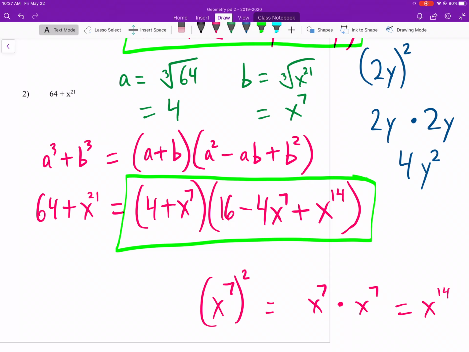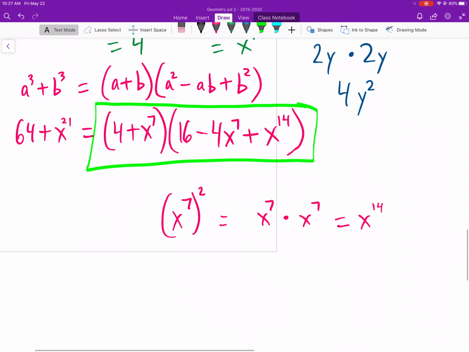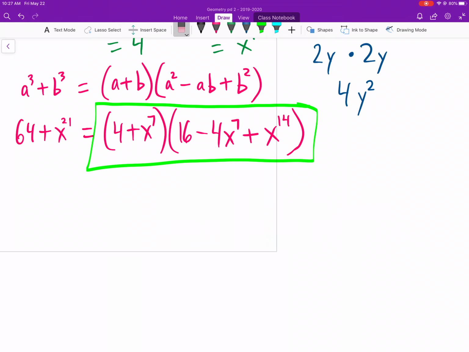Alright, guys, remember we revisited that trinomial in the last example yesterday, if we rewrote that. So your final answer, you probably thought, 4 plus x to the 7th.